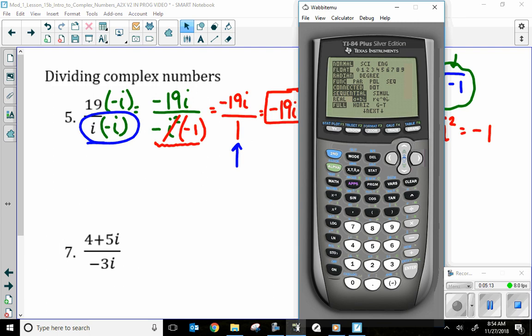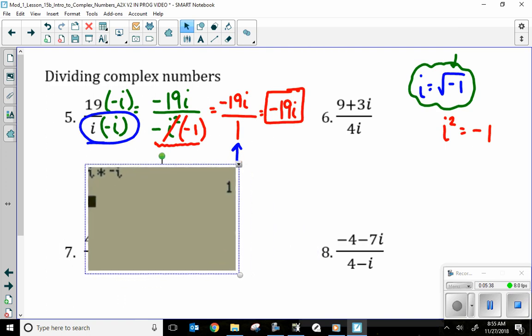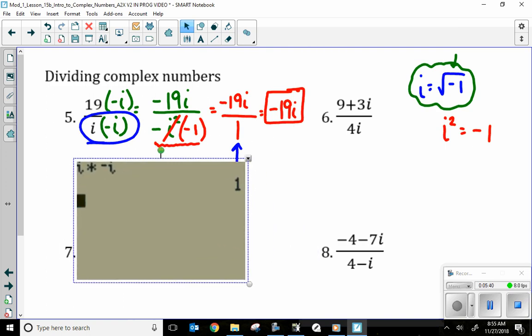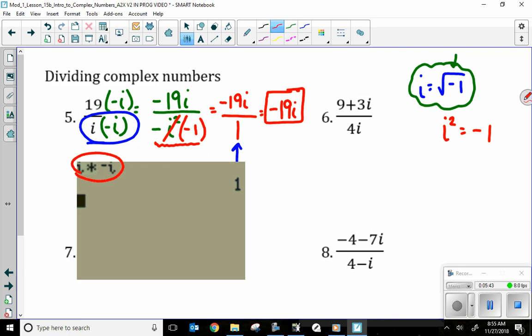Now I quit that. Above the decimal point, in blue, is i. So I'm going to take i and multiply it times negative i. And if I hit enter, I get 1. That is so cool. I love that the calculator does that. That's exactly what we did here. We took i times negative i, and we ended up with 1. Perfect. We could do that knowing our rules, but it's always nice of the calculator to check.